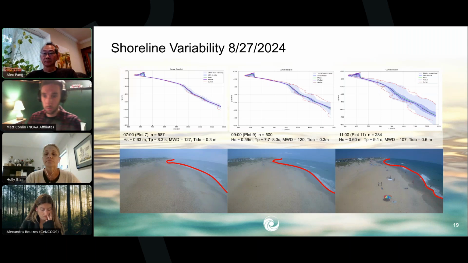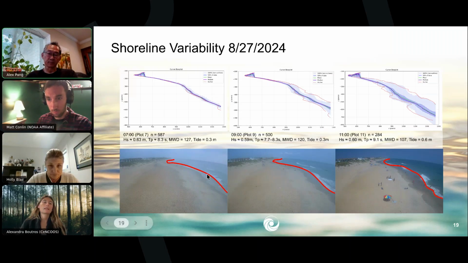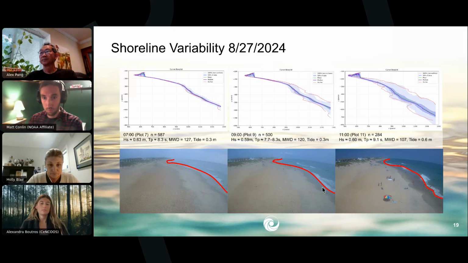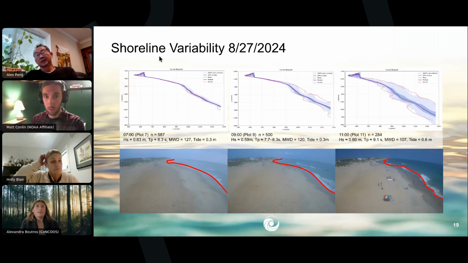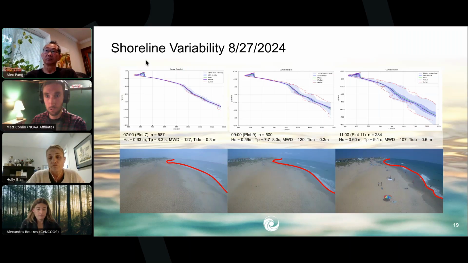On the bottom row, we can see the red curve indicating where the shoreline is for that particular frame of the video stream. And on the top row, what we've done is collected a bunch of shorelines for a time period, and we plotted essentially a box plot of those curves.